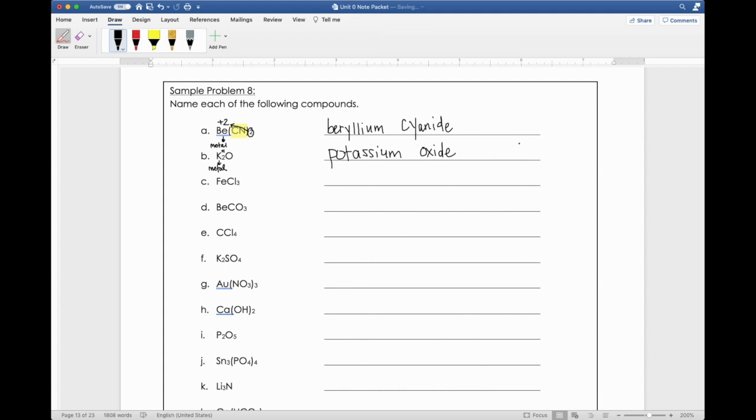Next one here, so I have FeCl3. So Fe, of course, is iron, which is a metal. So I don't have to use prefixes here. However, iron does have multiple charges. Iron could have charges of +2, or it could have charges of +3.